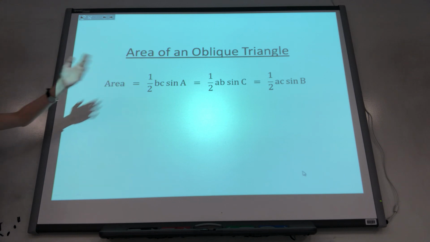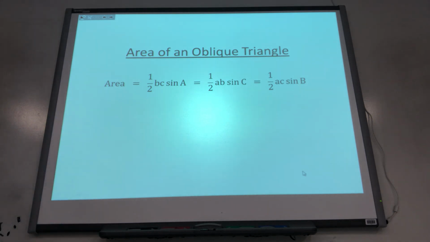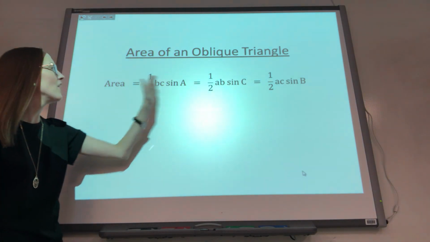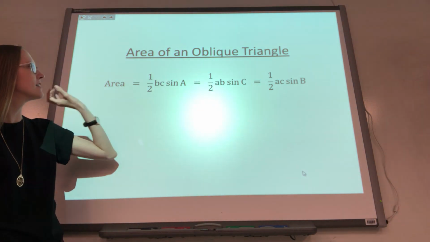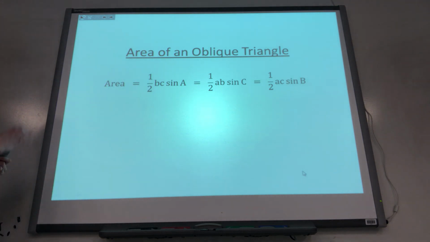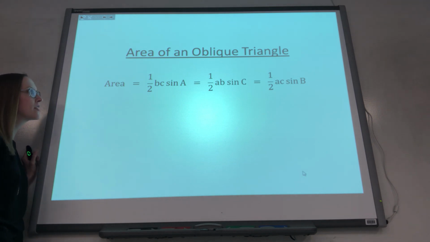Well, there's 3 parts to the area formula for an oblique triangle. Now, it's not going to be like the law of sines where you have to pair up 2 of them and set up a proportion. This is pretty well just 1. All you have to pick off of this list is one of those formulas. No matter which formula you pick, you should get the same answer.